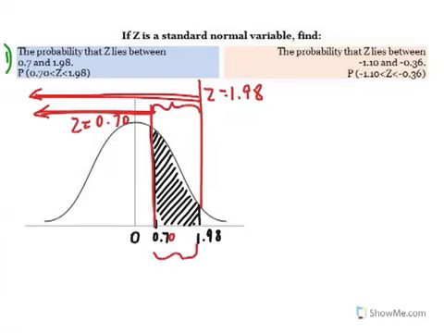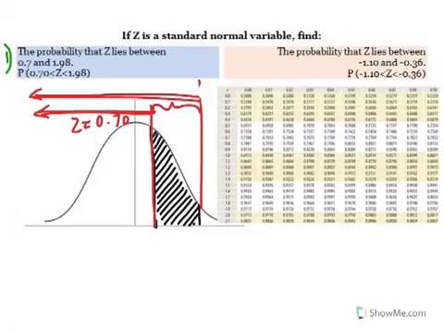So let's find that. Let's go to the table, right? And find all of these areas for the given z's. Let's find the probability for the area associated with z smaller than 1.98, or the area to the left of 1.98. So what we're going to do here is find 1.9, right?